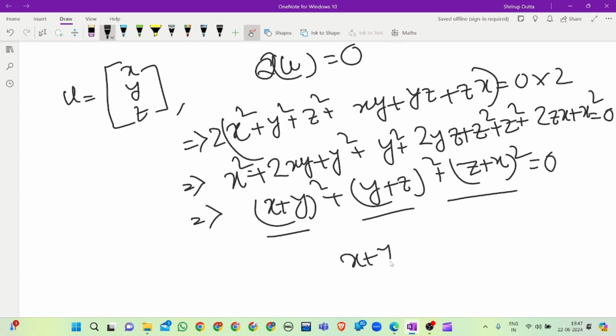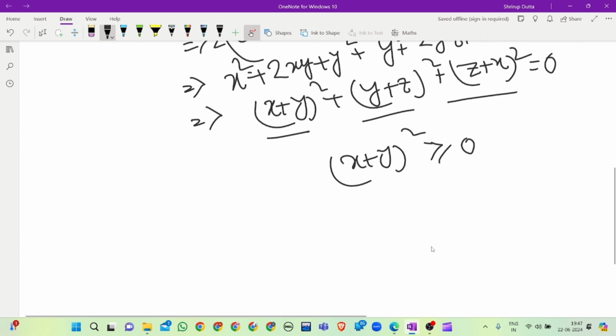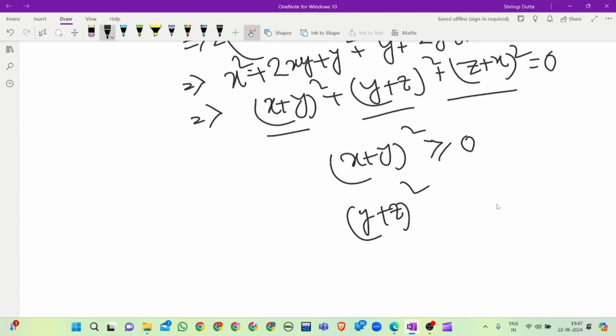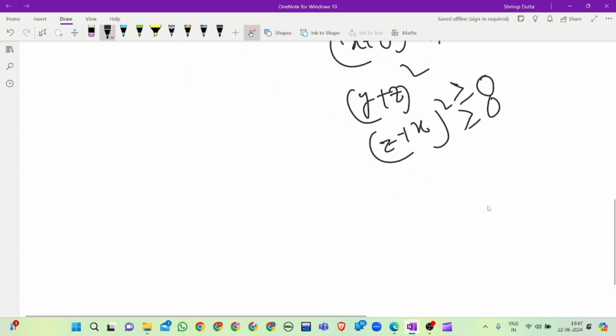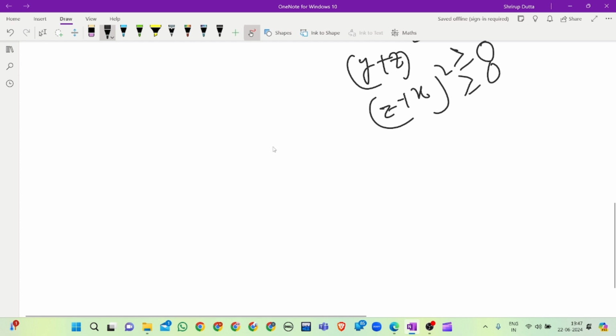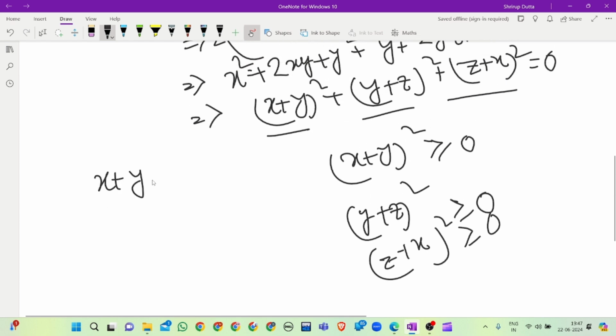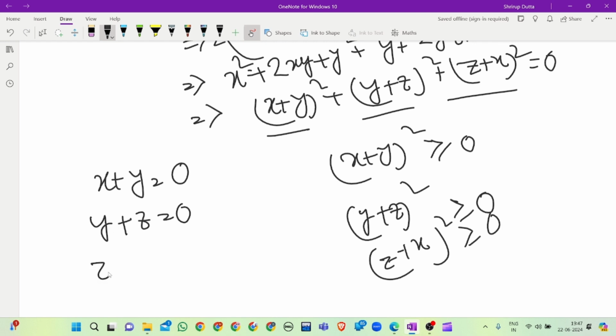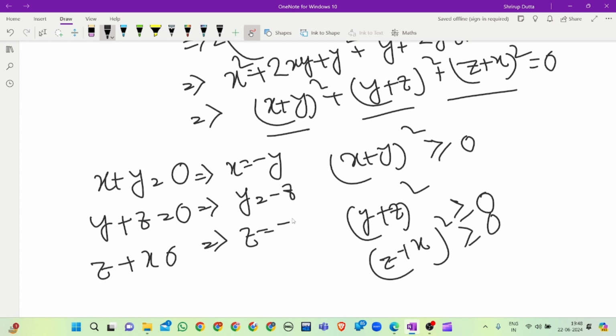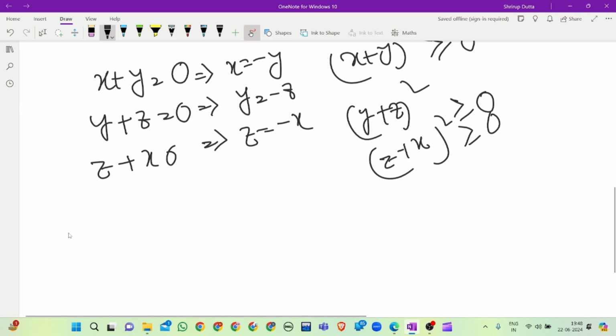Since (x plus y) square is a non-negative term, (y plus z) square is non-negative, and (z plus x) square is also greater than or equal to 0, and the sum of all of these equals 0, what remains is x plus y is 0, y plus z is 0, and z plus x is 0. This implies x equals minus y, y equals minus z, and z equals minus x. If we take all of this together, we will get that x, y, z all are 0.